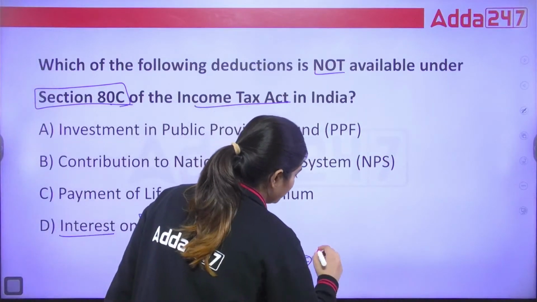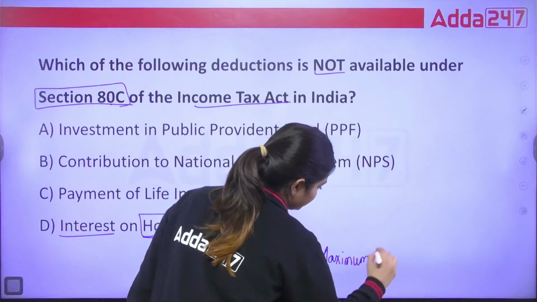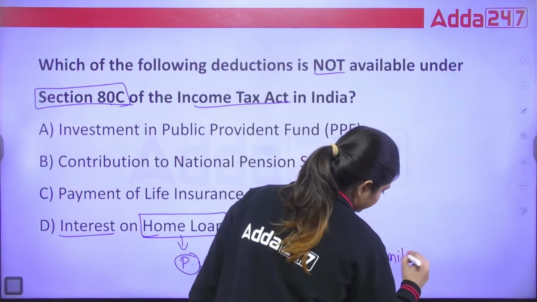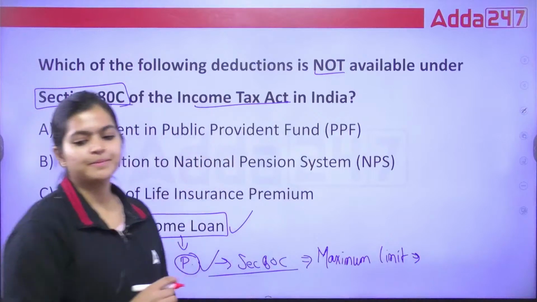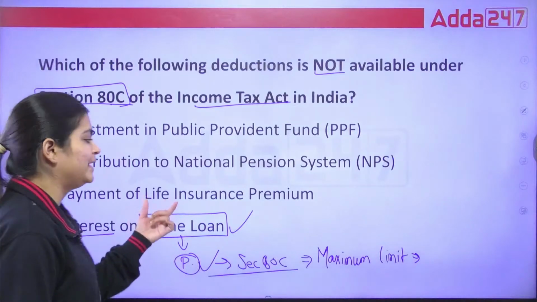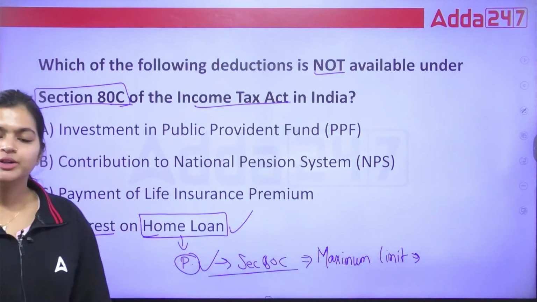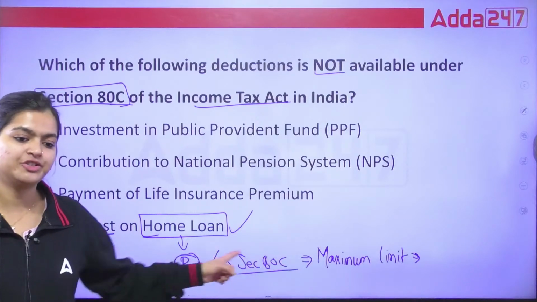Can you tell me what is the maximum limit under 80C? No, under 80C you can claim LIC, ma'am. Whatever amount you are paying for LIC, you are going to get the benefit of the deduction under 80C.